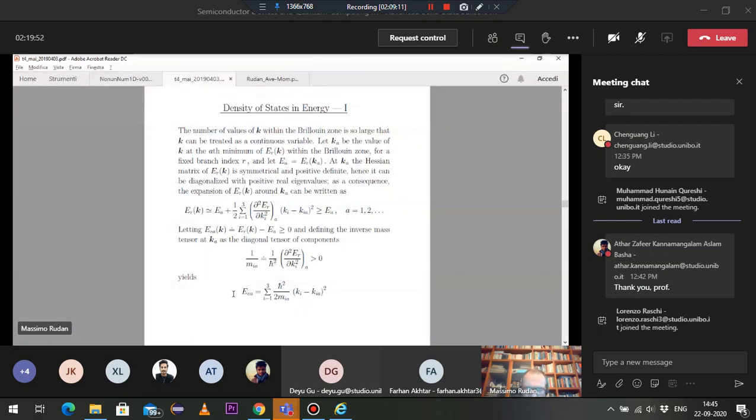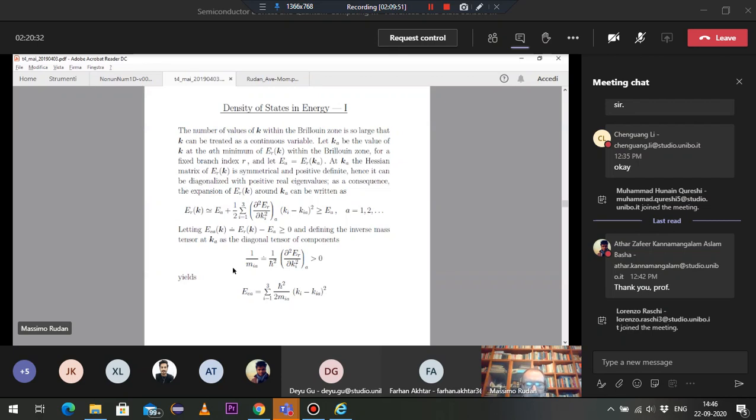This is not exactly equal to the relation of a free particle for two reasons. Why is that? One is that the minimum is displaced with respect to the origin. In general, it is not in the gamma point, but this is no big deal, okay? The second difficulty is that in many cases, the effective mass is different when we calculate it on the first direction K1, the second direction K2, and the third direction K3.